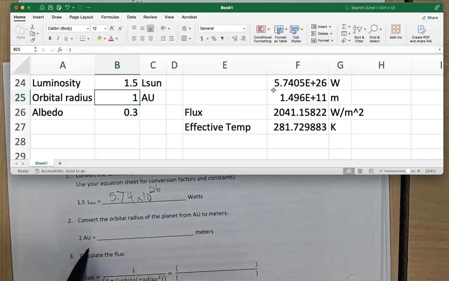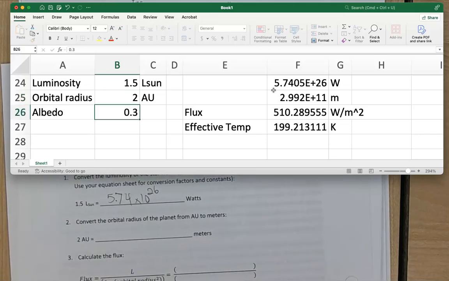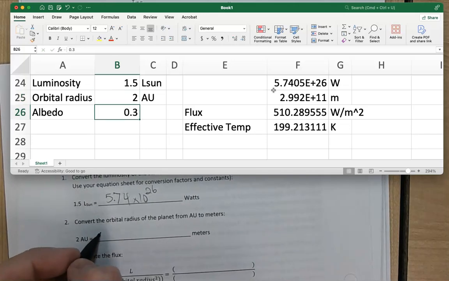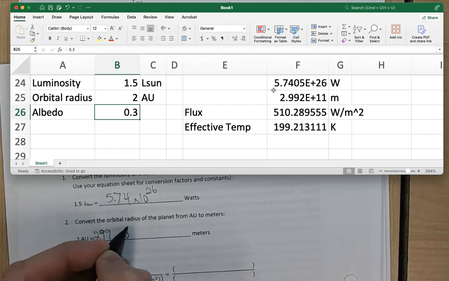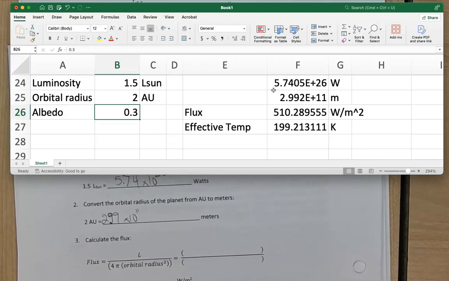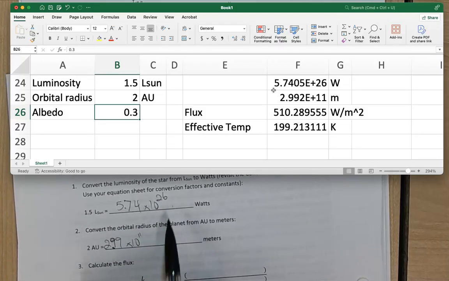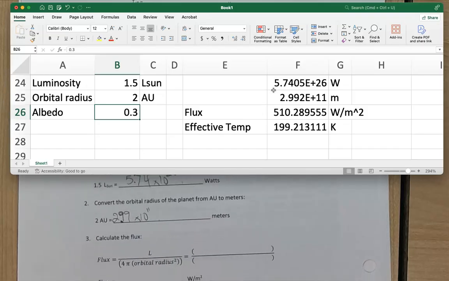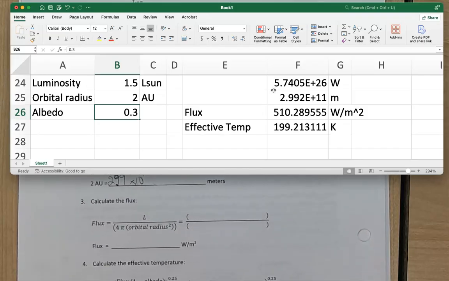If that planet is orbiting 2 AU away from the star, then that planet is 2.99 times 10 to the 11 meters away. And therefore you take the luminosity in watts, the distance in meters, and calculate the flux.